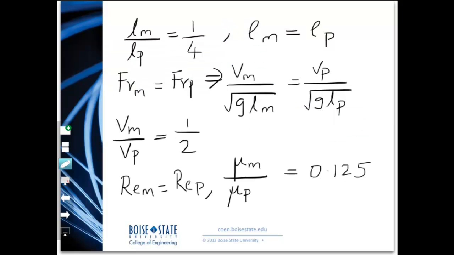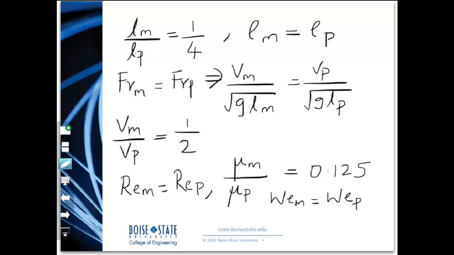Okay. Let me solve the other part of the problem as well. We have to find the surface tension scales. So We_m is equal to We_p.